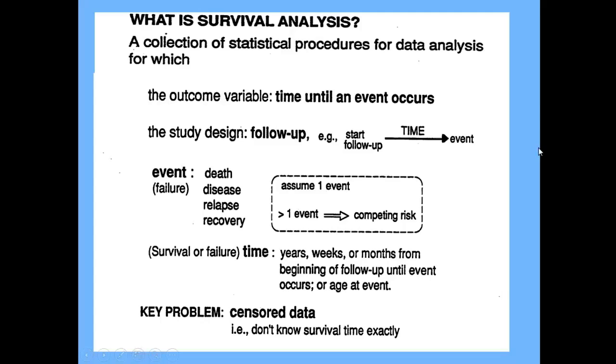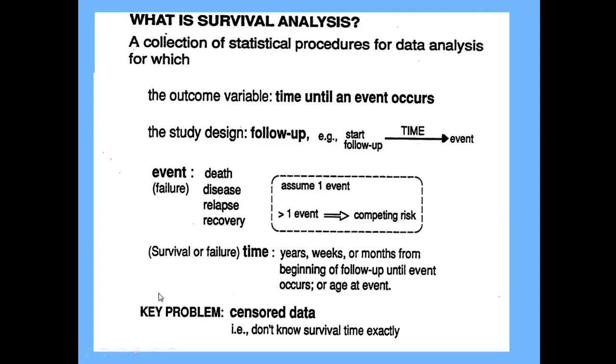Now, the event could be any one of a number of things. It could be death, follow up until somebody died. Could be time until somebody gets a disease, a cancer or something like that, time until they get a heart attack, time until they get something else. It could be time until they relapse, like they're in remission and then they go out of remission.